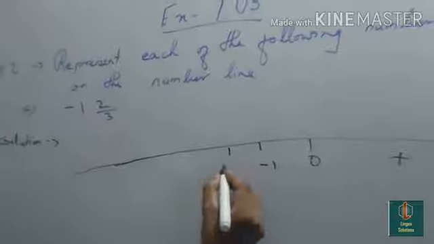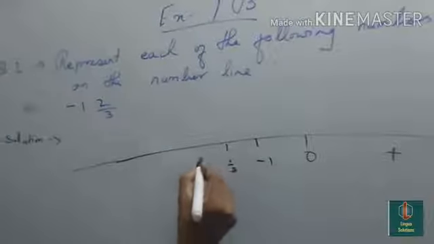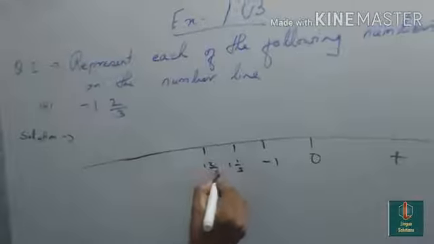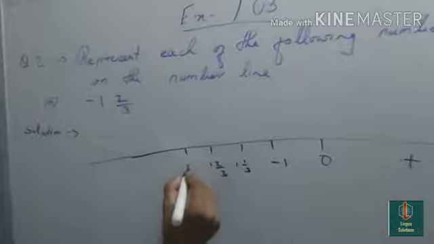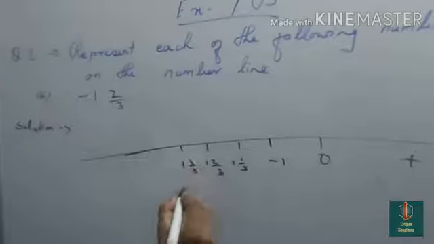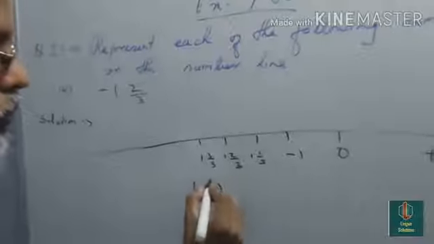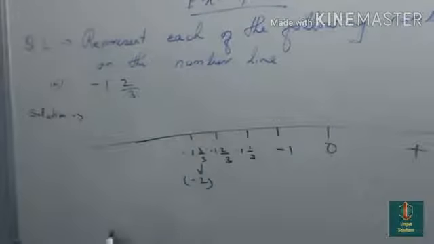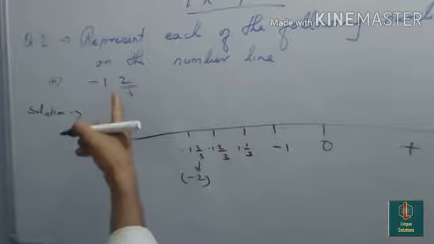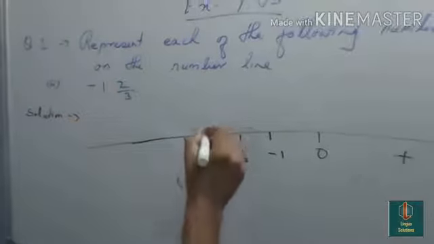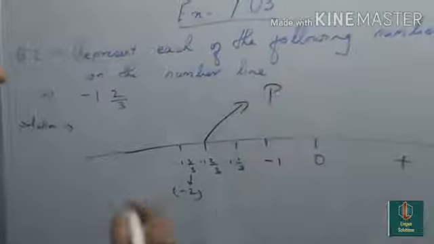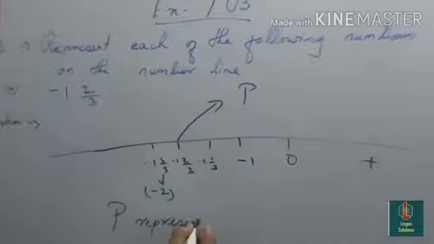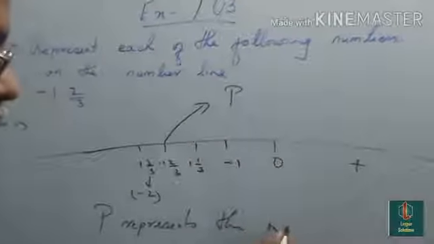So it is 1 by 3, 2 by 3, 3 by 3, that is minus 2. All these numbers are negative. Now we have to show minus 1, 2 by 3. It comes here. Mark it as P. So P represents the number.